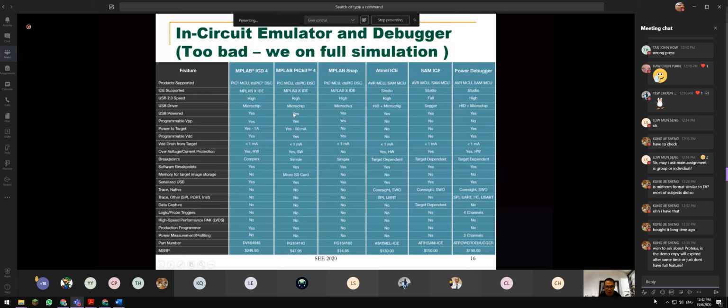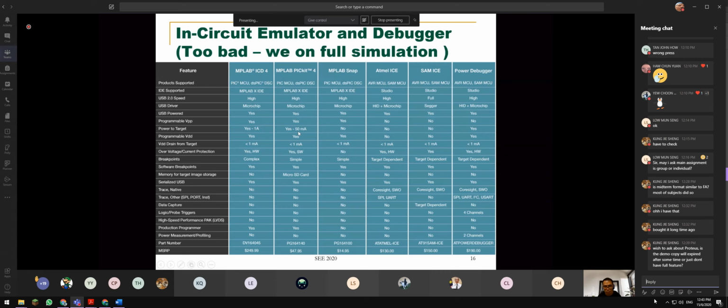What is real-time debugging? Let's say during your microprocessor assignment, you construct the circuit. Using MPLAB, you put a breakpoint, and you run until that particular breakpoint, in sync with your hardware.